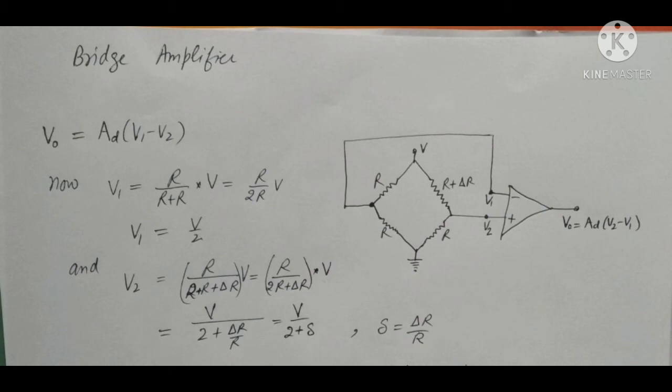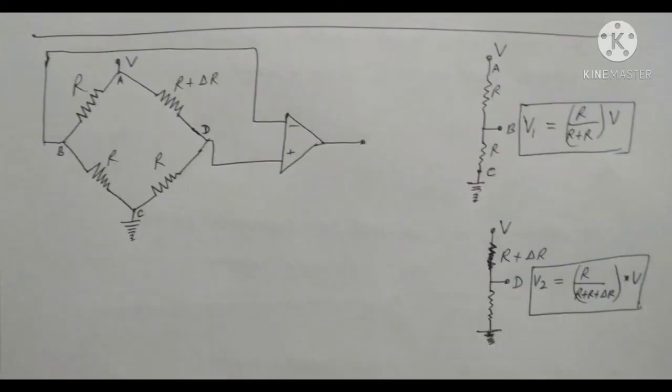Similarly, using voltage divider method for V2, V2 is equal to R divided by R plus delta R into V, that is R divided by 2R plus delta R multiplied by V. Here we have used the potential divider circuit.